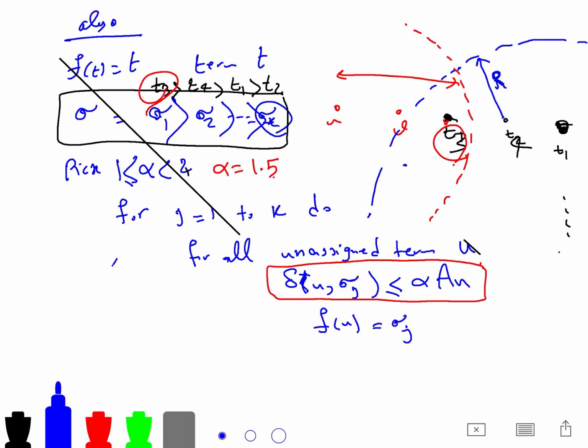But if something is here, it is already assigned to T3. So T4 cannot assign vertices that are already assigned. He has to pick another vertex that is not assigned. And that's why in this algorithm we put unassigned here.